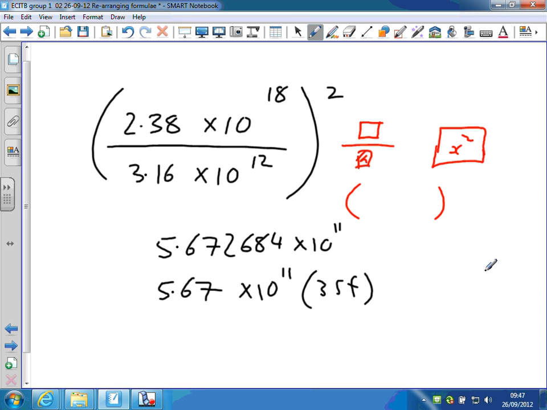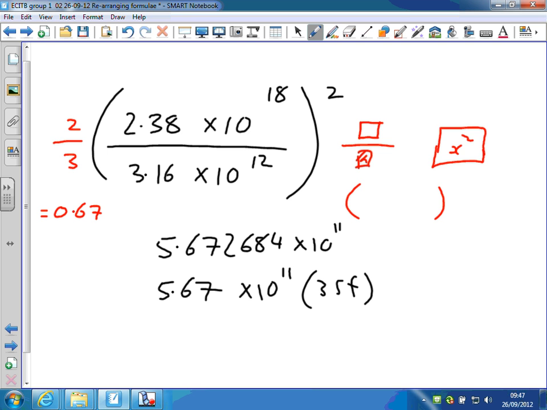To estimate this answer, round to one significant figure, 2 divided by 3, so round about 0.67, 2/3. Now this is the key bit. When you divide, as we'll see when we look at the laws of indices, you subtract the powers. 18 minus 12 is 6, but then I'm squaring.